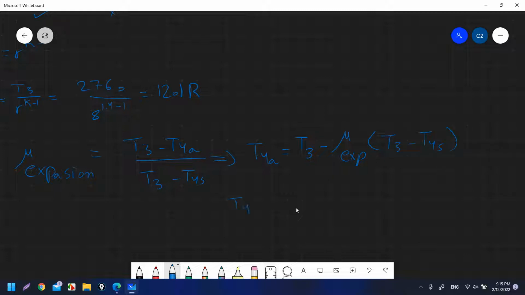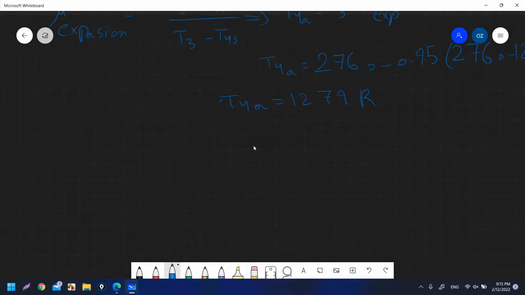So T4A is equal to T3, given in the question, 2760, minus the expansion isentropic efficiency, 0.95, times (2760 minus 1201), and this will give you T4A equal to 1279 Rankine. Okay, now I can find Q out.